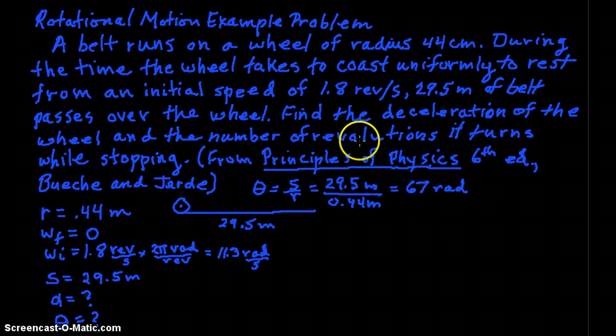And then we could get this answer immediately because in 1 revolution, there's 2 pi radians, and that works out to be 11 revolutions.